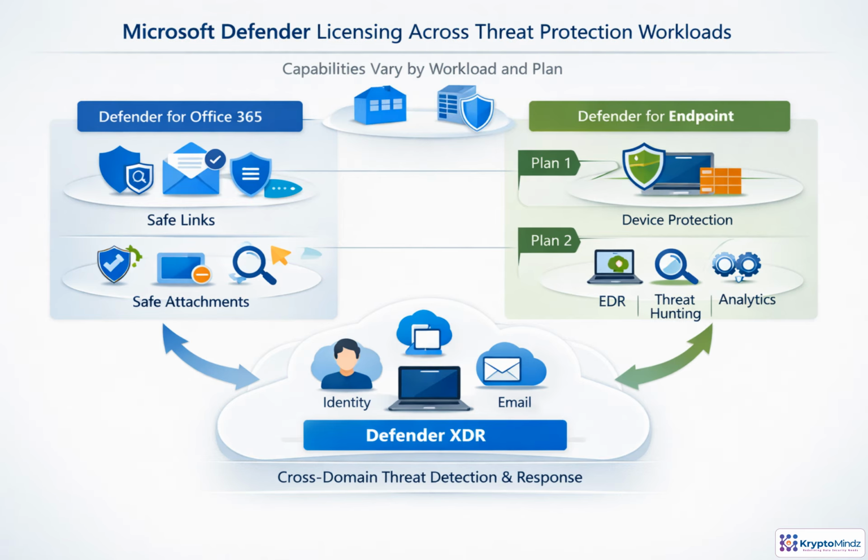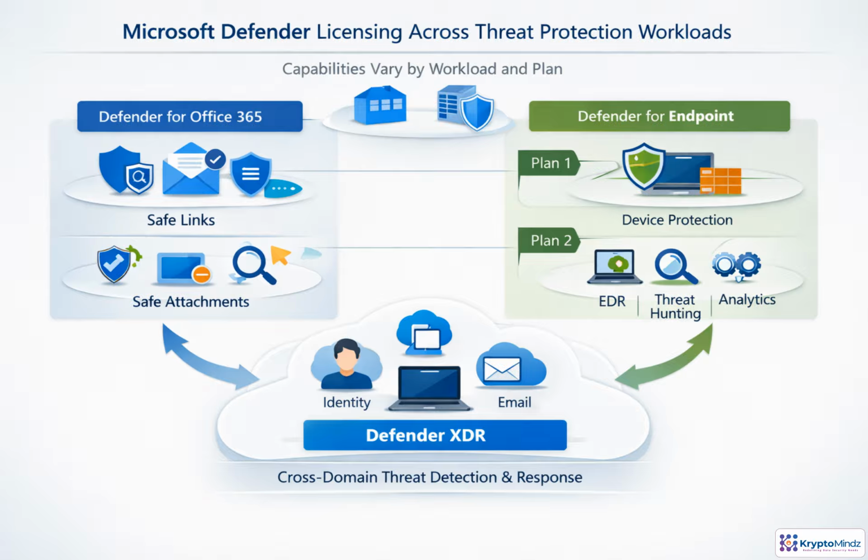Defender licensing works in capability layers across workloads. Defender for Office 365 Plan 1 focuses on prevention, including safe links, safe attachments, anti-phishing, and email policy controls. Plan 2 adds investigation, attack simulation, hunting, and automated response. Endpoint protection follows the same pattern.